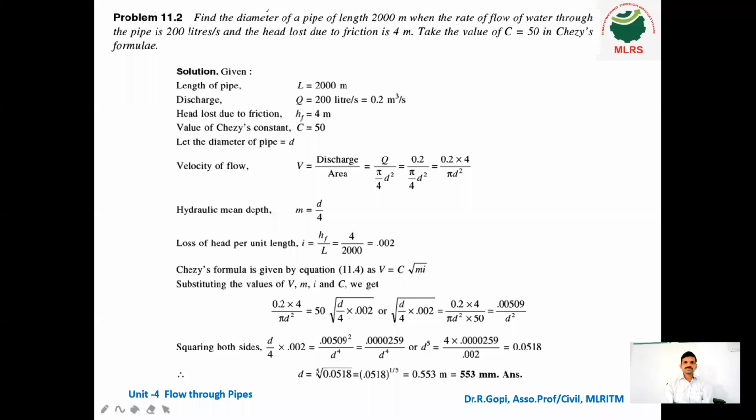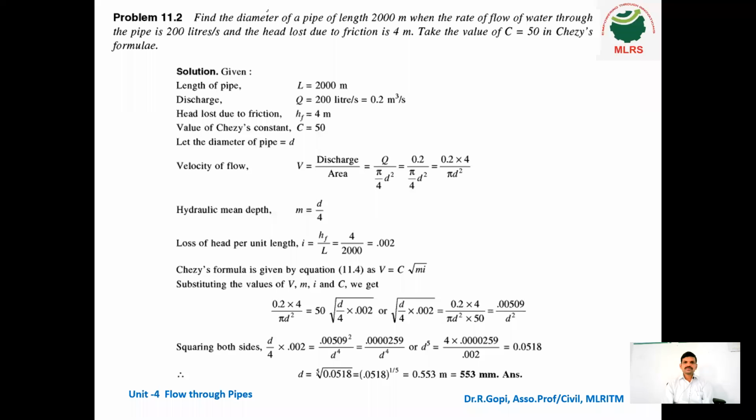Here they mention the Chezy constant, so we have to use the Chezy formula, not Darcy's formula. Using the Chezy formula, we have to find D, that means the diameter of the pipe.